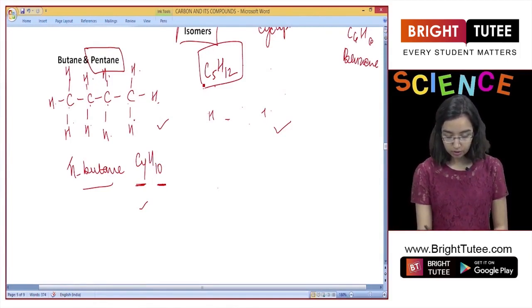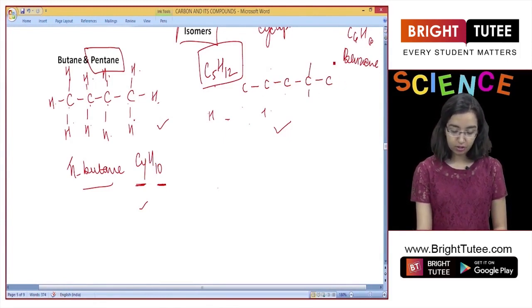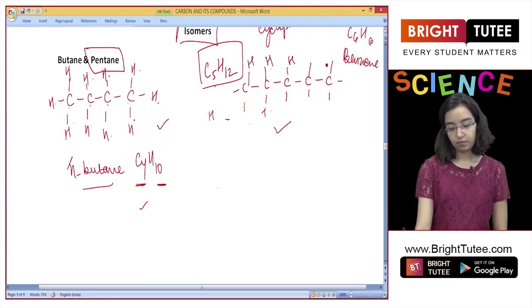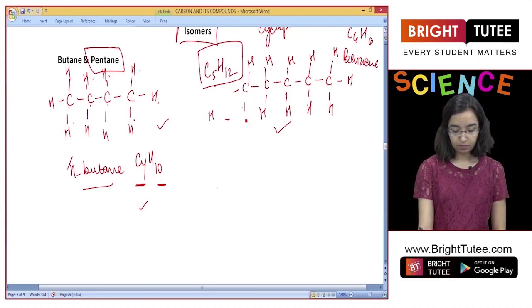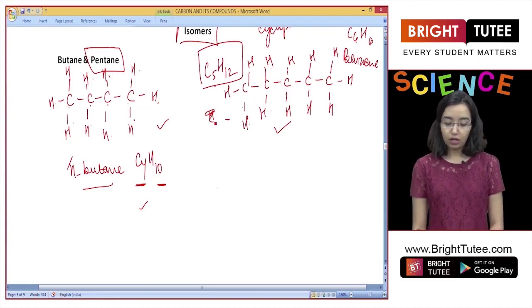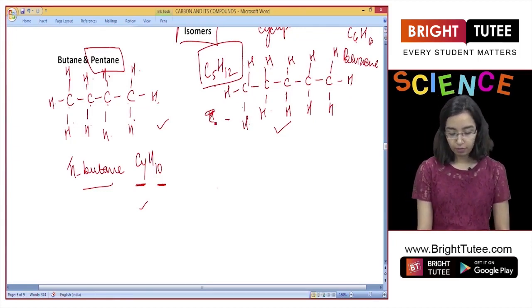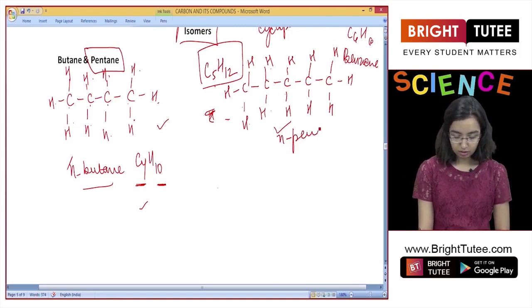Now the basic line structure can be 5 carbon atoms attached to each other. The remaining valencies will be filled with hydrogen. Right? This is the most common form, and this is called n-pentane.